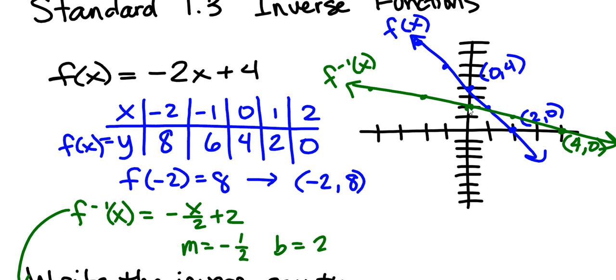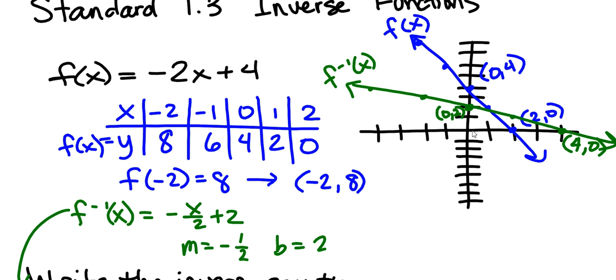And on the inverse, I have a point at 0, 2. So what I'm noticing is that all of these values are flipped. The x's and y's are reversed. So all these ordered pairs I have here, I could reverse them or flip them, and those would be the ordered pairs of my inverse.